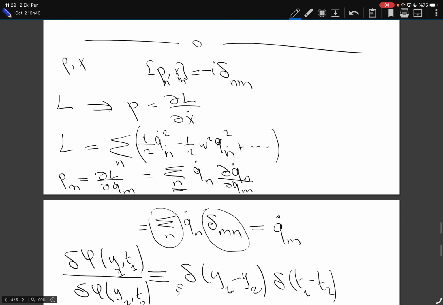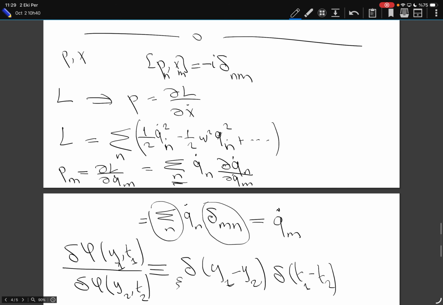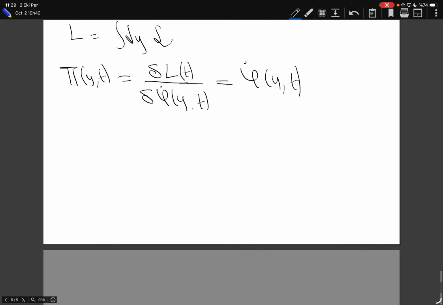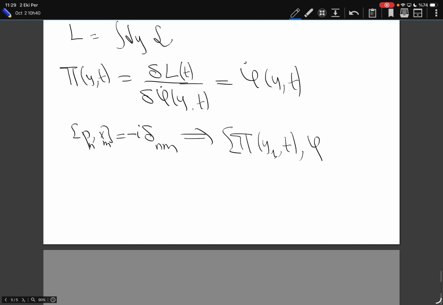This is my commutation relationship in the discrete case, which will become pi at the point y1 of t, phi at the point y2 of t, equal to minus i Dirac delta y1 minus y2.